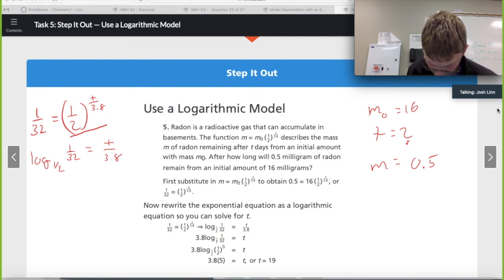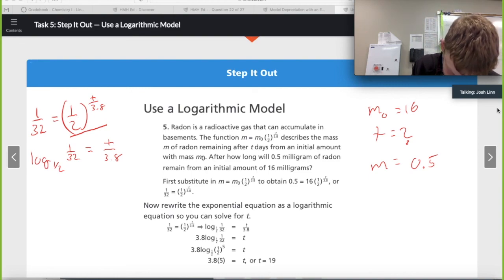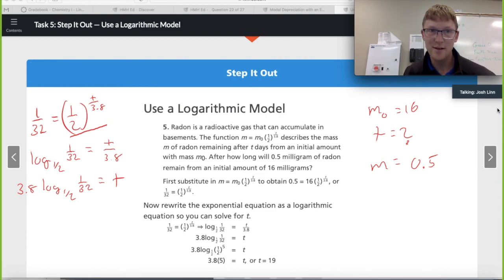From there, we can multiply both sides by 3.8. So now we have 3.8 times log base 1/2 of 1 over 32 equals t. So now t is by itself, and all of these are just numbers, so we just have to figure that out. What log base 1/2 means is how many times do I need to multiply 1/2 by itself to get 1 over 32.